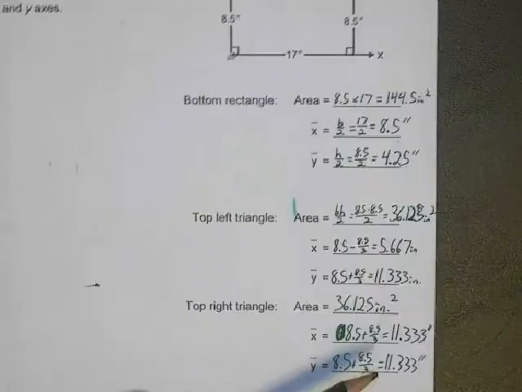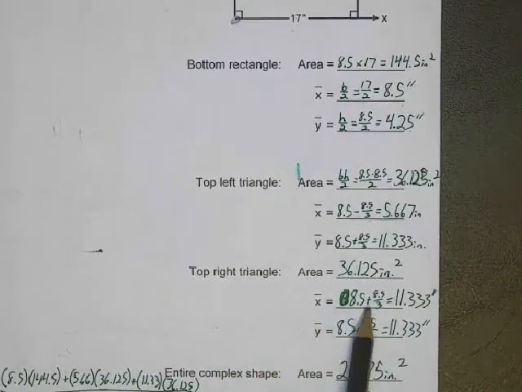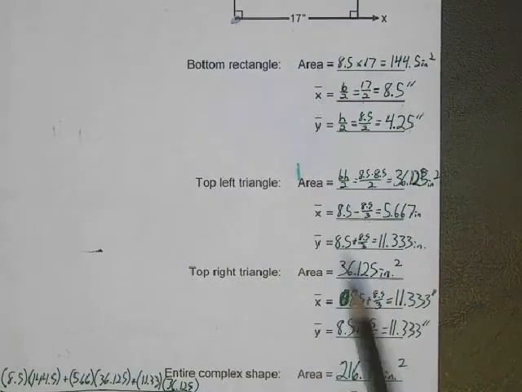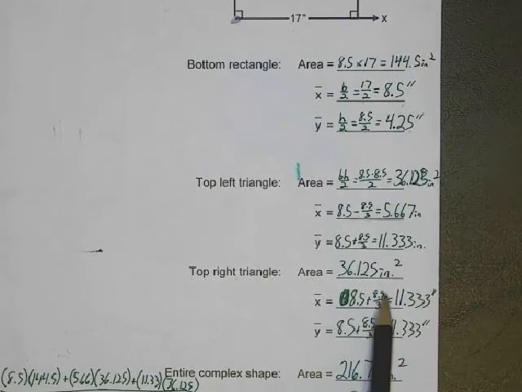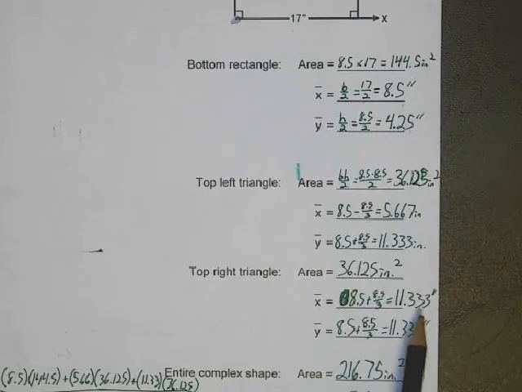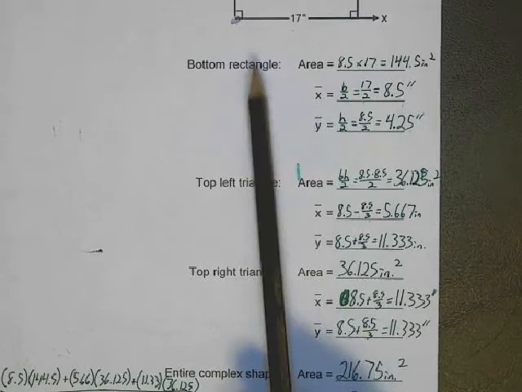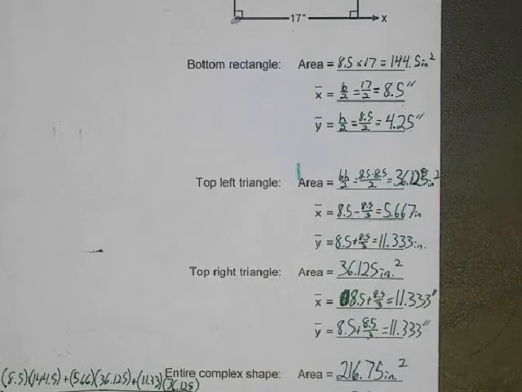My area is the same, so I can just copy my area down because it's the same size triangle. For my x centroid this time, instead of subtracting, I'm going to take 8.5 plus 8.5 divided by 3, and that'll give me that 11.33. My y centroid is the same. So I have my rectangle, I've got my triangle, and I've got my other triangle. So now I can do the entire shape.